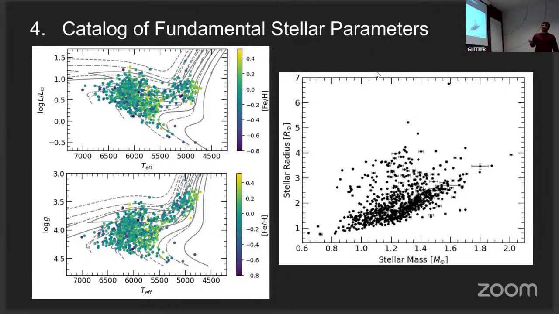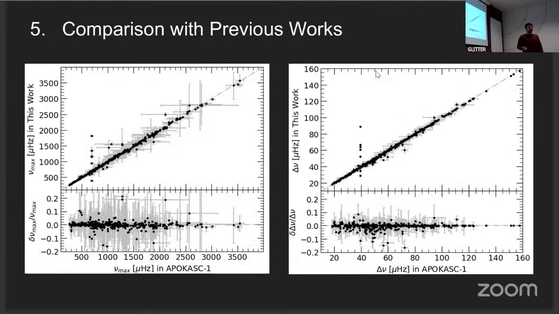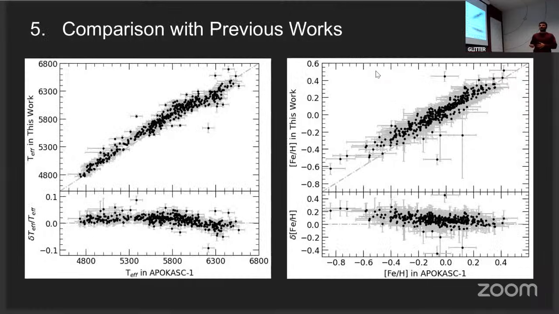So here we have the stars in the HR diagram, here in the Kiel, and here we have stellar mass over stellar radius. So then we compared the results with previous works, which is the first APOKASC, and we see that, for example, for seismic observations, we don't have any big differences, but when we go to spectroscopic parameters, we have some differences in the effective temperatures and metallicity.